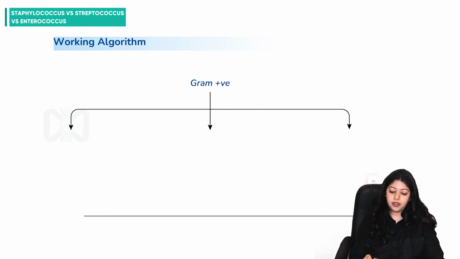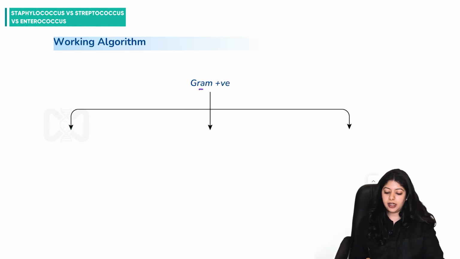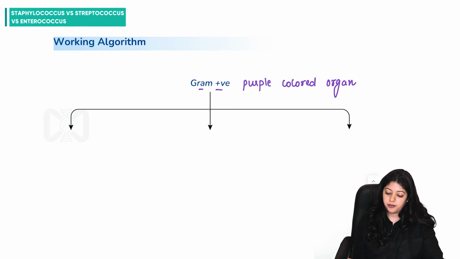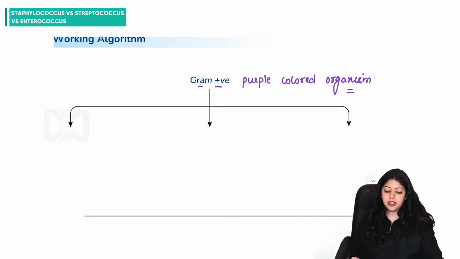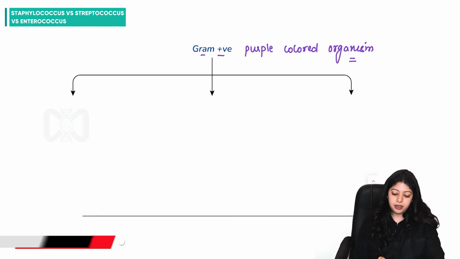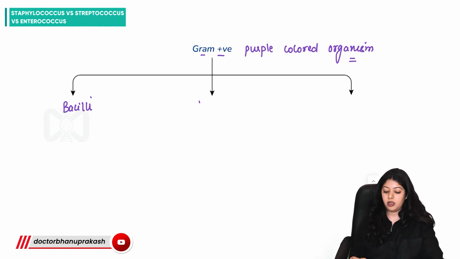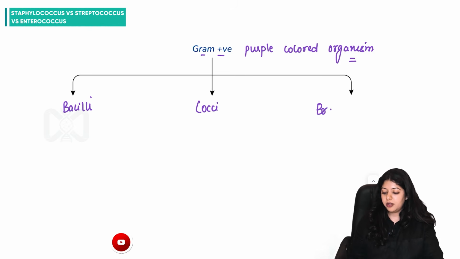So firstly, we are looking at gram-positive, purple-colored organisms. So can we say that these can be bacilli, cocci, and branching filaments?